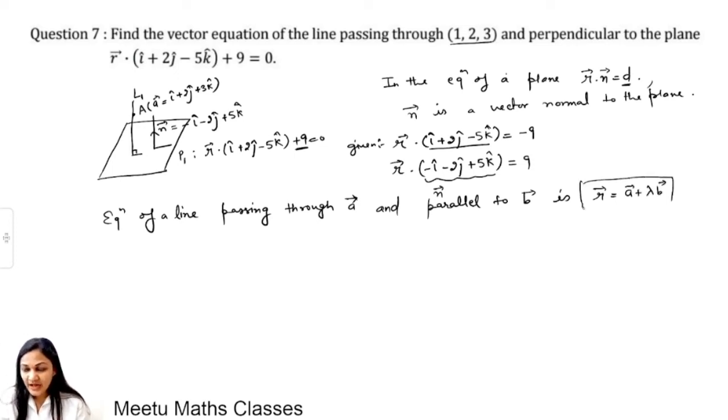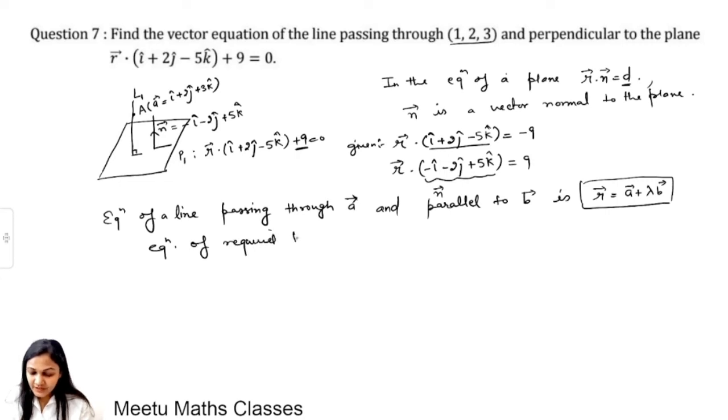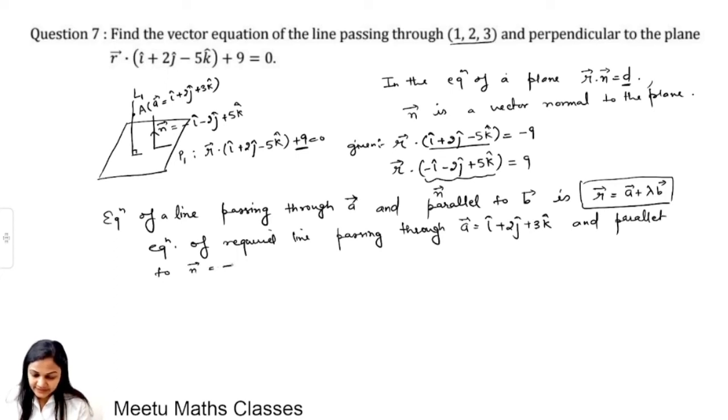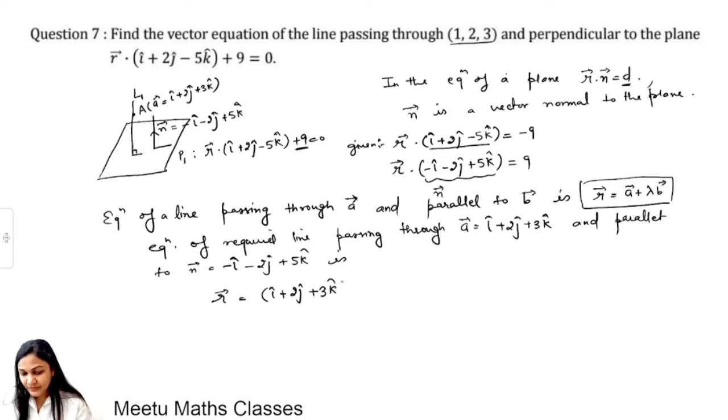So the equation of the required line passing through A, that is i plus 2j plus 3k, and parallel to your n vector, that is minus i minus 2j plus 5k, is r is equal to A, that is i plus 2j plus 3k, plus lambda times minus i minus 2j plus 5k.